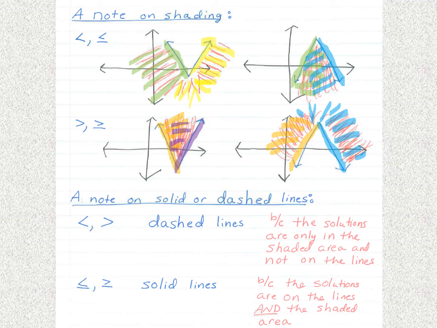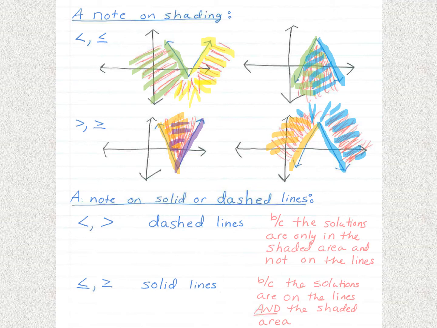So let's talk about solid or dashed lines. If it is strictly less than or strictly greater than, you are going to graph your absolute value with dashed sides. That's because that indicates that the solutions are only in the shaded areas and not on the lines.